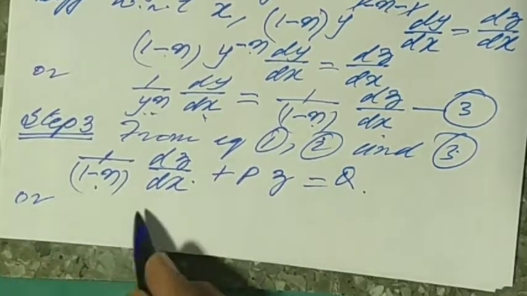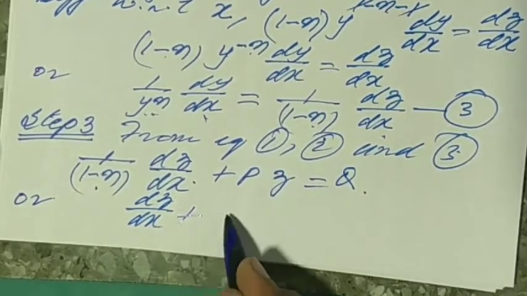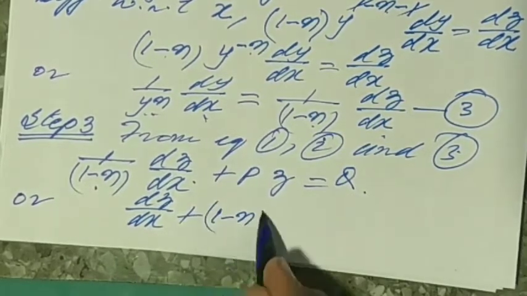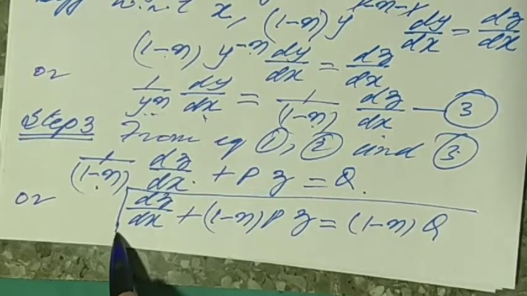So we may write this equation as dz/dx plus (1 minus n) p z is equal to (1 minus n) q. Clearly, this equation is a linear differential equation which can be solved easily by the method we have discussed in the previous video.